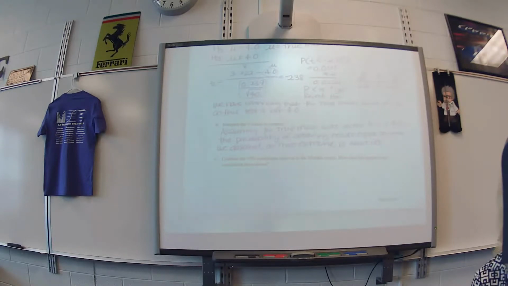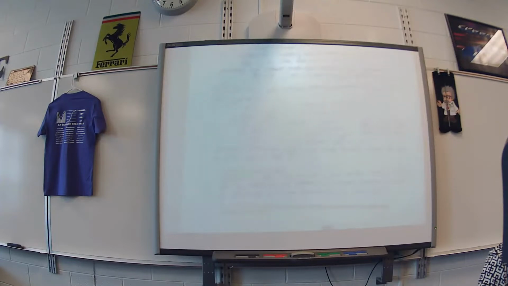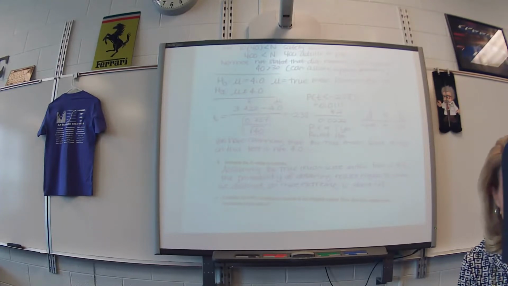So the fact that it did tells me something must be wrong. And all I can do is back up and say, you know what I think must be wrong? The original claim. Because I know I did all my math correctly. So if there's only a 2% chance of this happening, I think the 4.0 was wrong. So that's why we reject the null hypothesis.